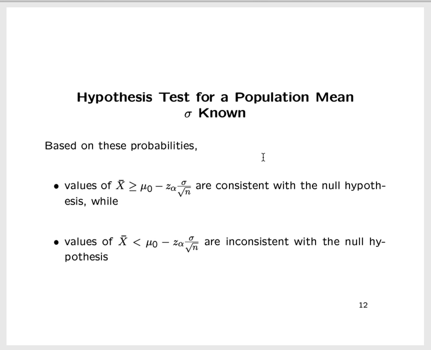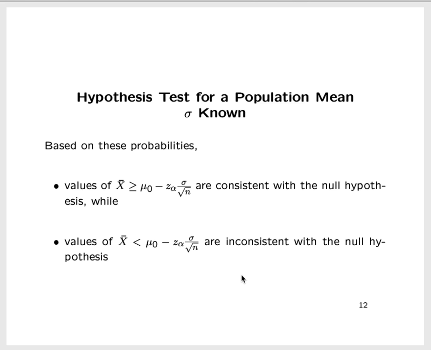And so based on these probabilities, the values of x bar greater than or equal to mu sub 0 minus z sub alpha times the standard error of x bar are consistent with the null hypothesis, while values of x bar less than that point are inconsistent with the null hypothesis.